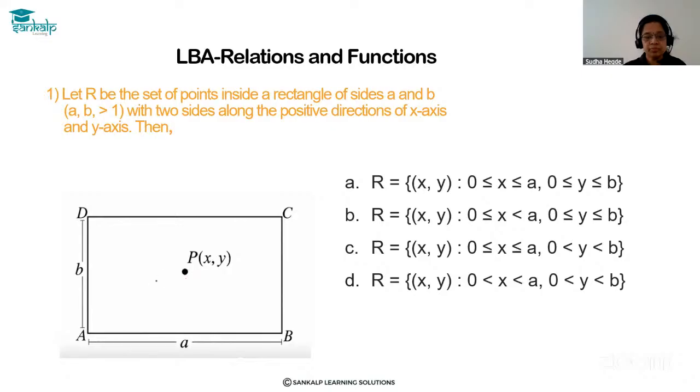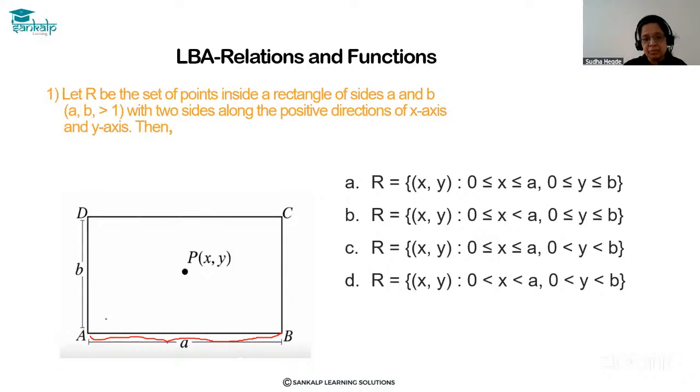Now this distance must be greater than 0 and less than b. Similarly, this horizontal distance should be greater than 0 and less than a, because this whole distance is a.